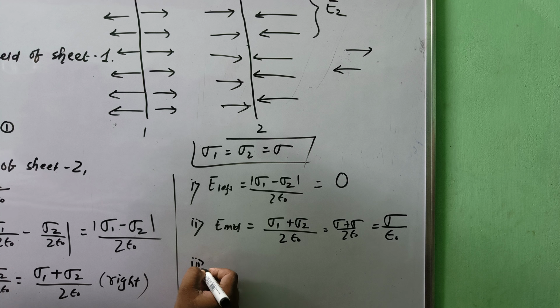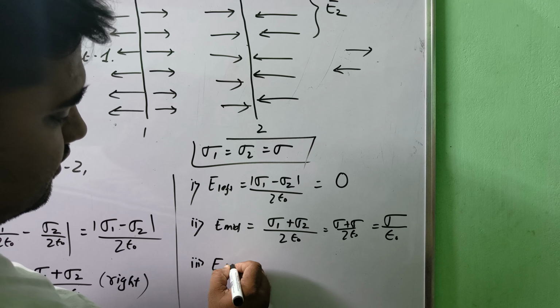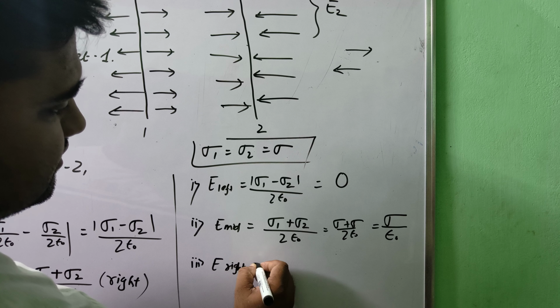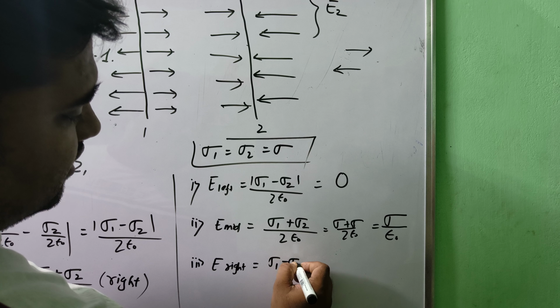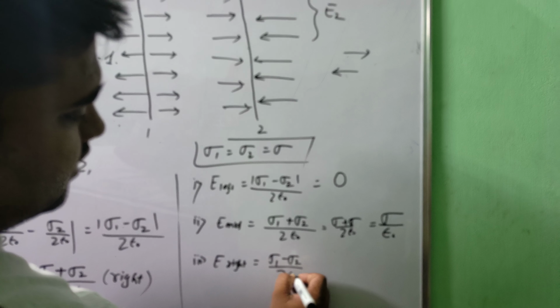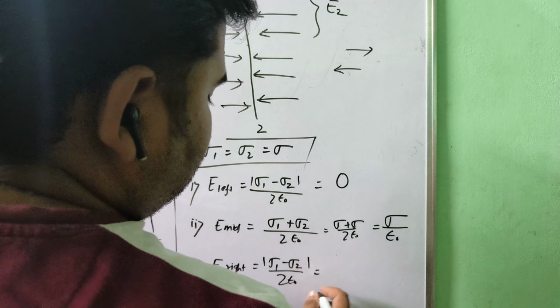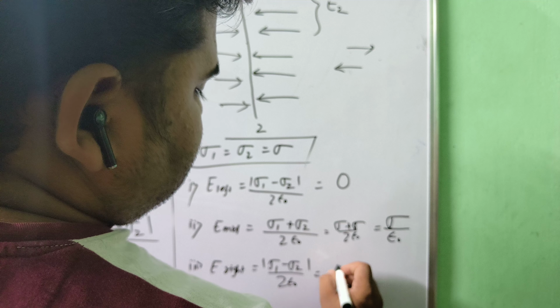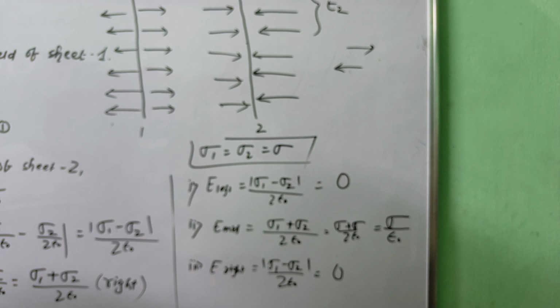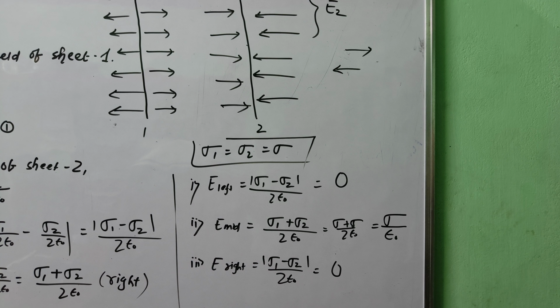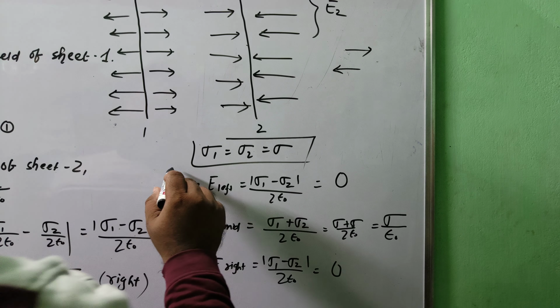For the third case, E right is the mod of sigma 1 minus sigma 2 by 2 epsilon naught, and since sigma 1 is equal to sigma 2, that gives 0. So these are the cases.